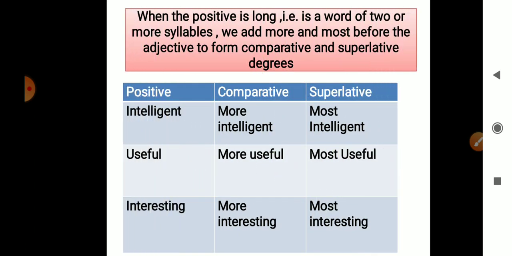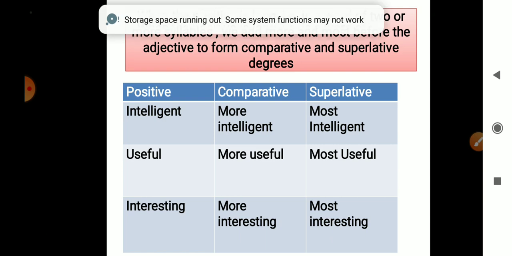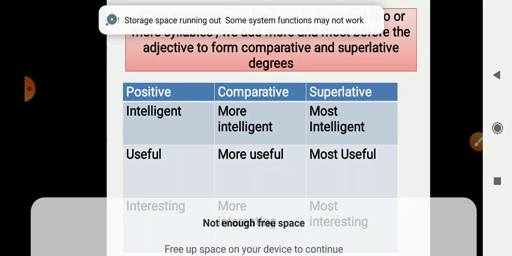Let's move towards the next. When the positive is long, for example a word of two or more syllables, we add more and most before the adjective to form the comparative and superlative degree.